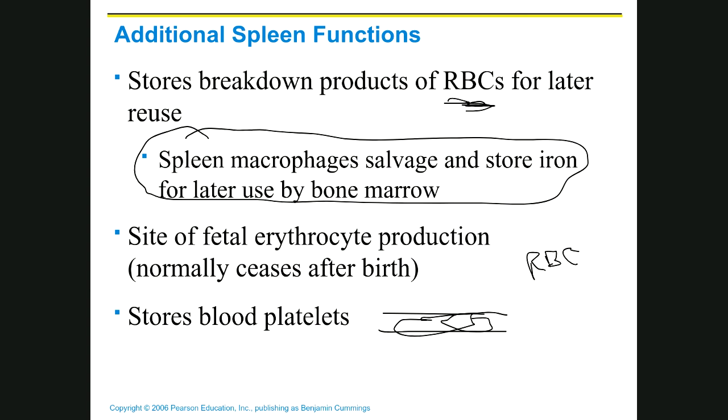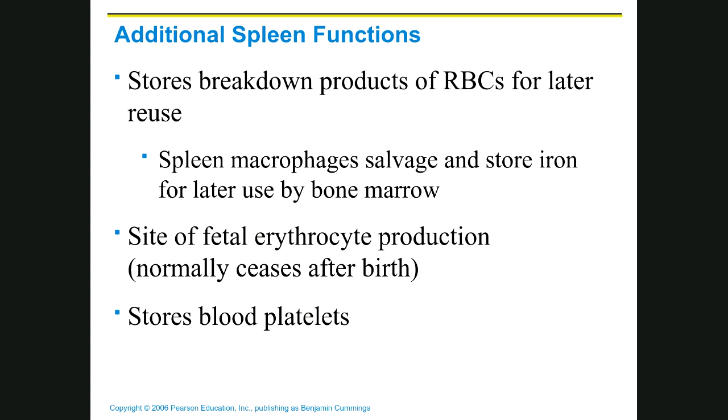And when they rupture, they release this hemoglobin. And we talked about what happens to hemoglobin. Remember, it goes through this process of biliverdin and then bilirubin, and then it gets excreted, and then it becomes urobilinogen and stercobilinogen and so on. We talked about that. Another thing that the spleen does is it stores platelets.